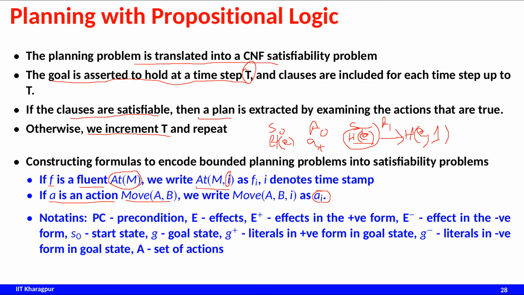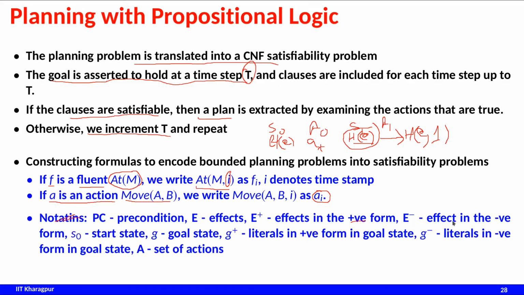So we'll be writing the set of clauses, but we'll be using a few notations, which I would like to mention here. We'll be using PC for precondition, E for effects. E plus will be the set of literals that are in the positive form in the effects list.